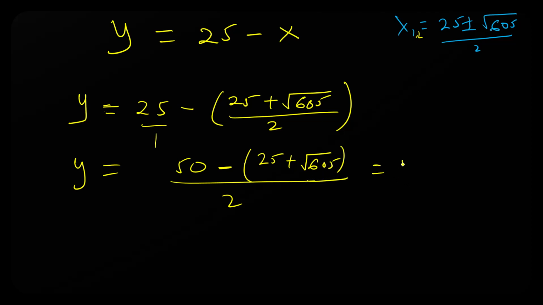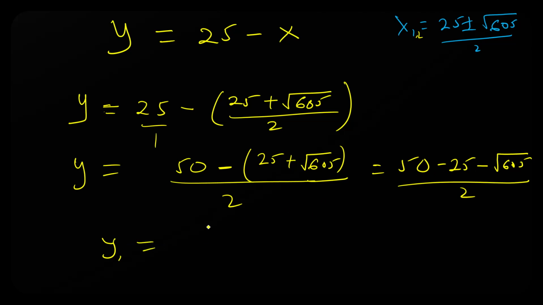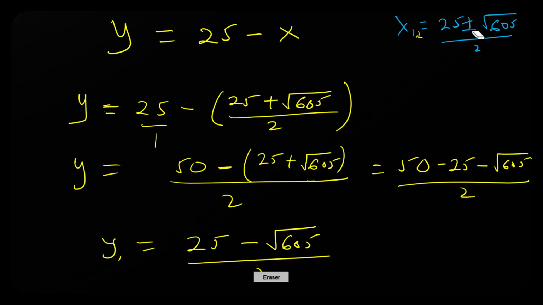So that will be 50 minus 25 minus square root of 605 on 2. And that will be, so this side will be 25 minus square root of 605 on 2. So when x is plus, y will be this.